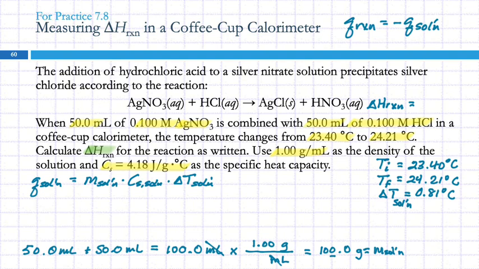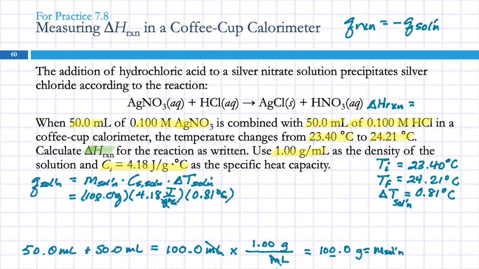So Q solution then is equal to the mass, 100.0 grams, and the specific heat capacity, 4.18 joules per gram degrees Celsius, and the temperature change, 0.81 degrees Celsius.